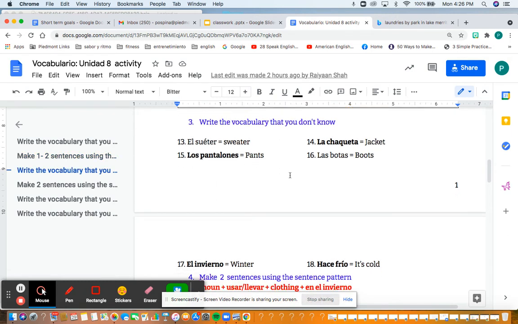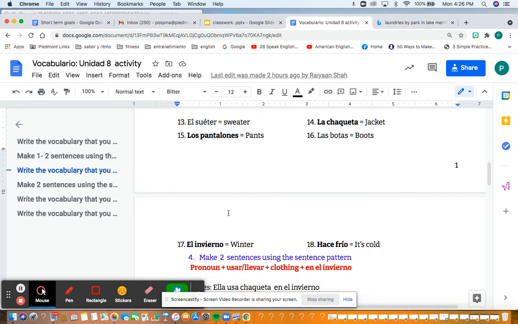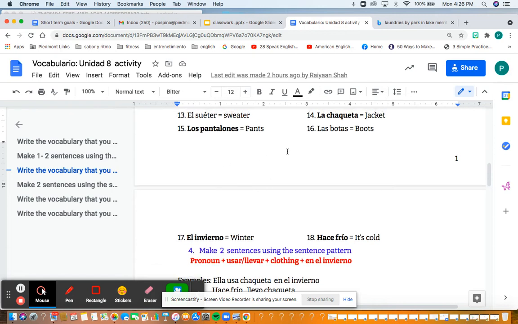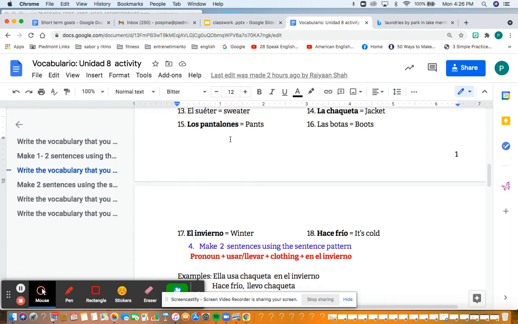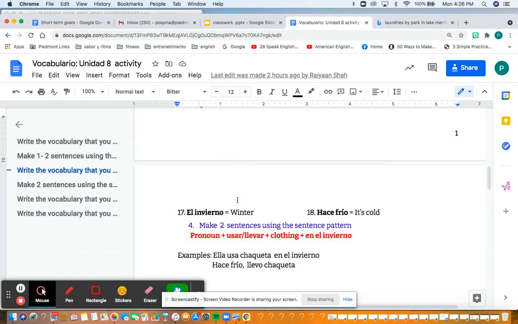Here is some vocab, and then here are the sentence patterns. You have los pantalones, la chaqueta, botas, suéter. The sentence pattern here will be pronoun, usar, plus clothing, plus en el invierno.